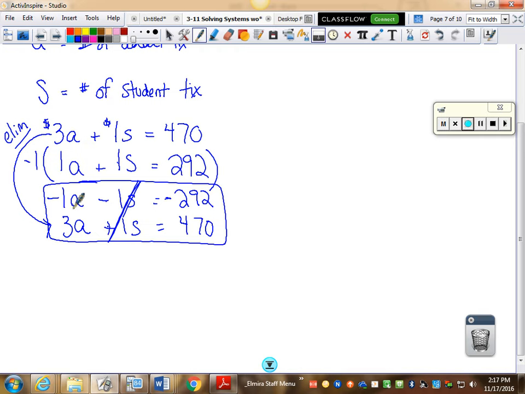So negative 1A and positive 3A make 2A. And negative 292 and a positive 470 equals 178.